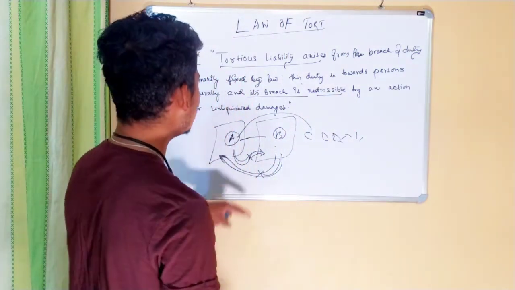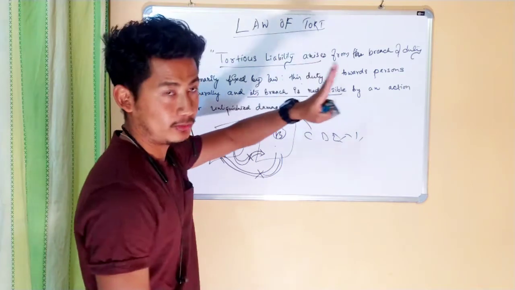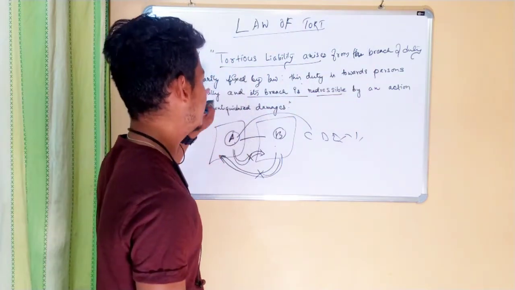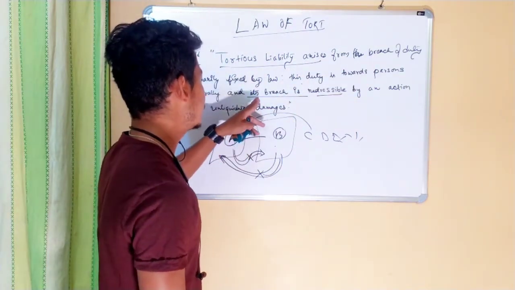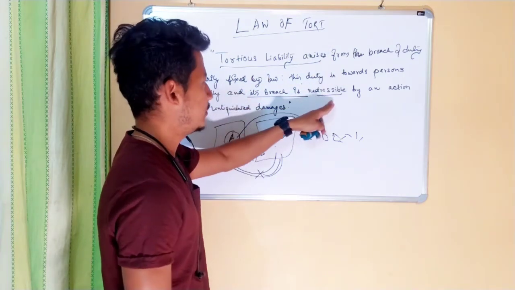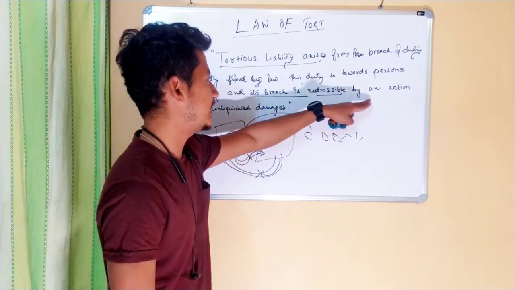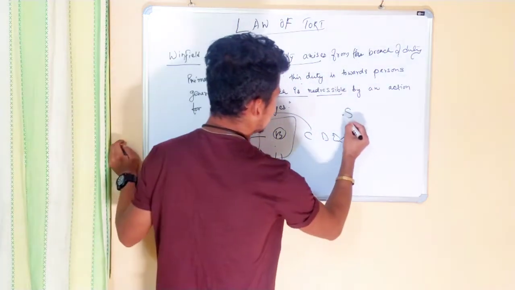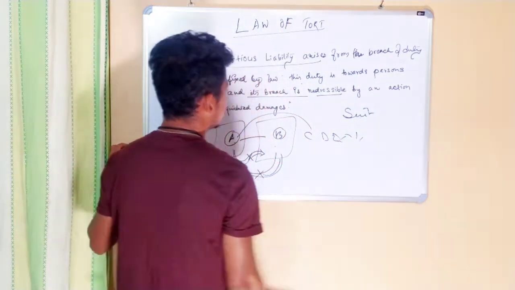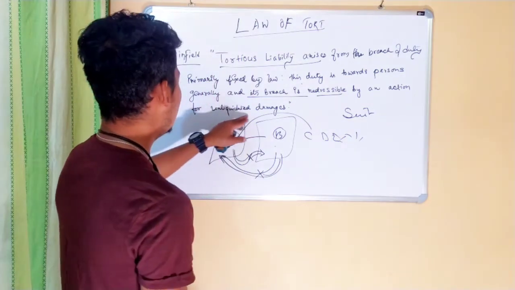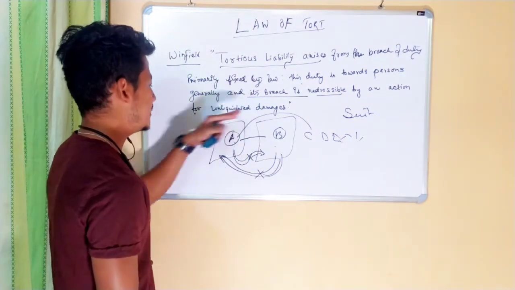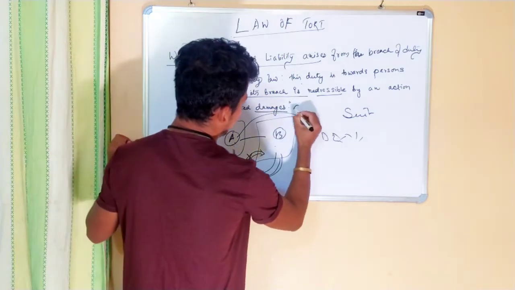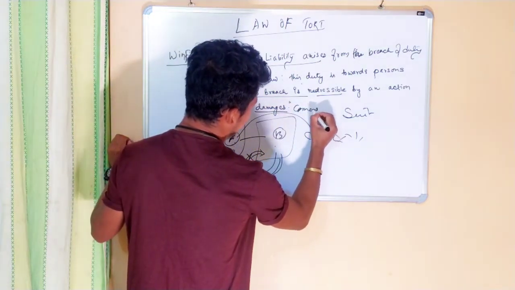Because of the breach the person has suffered loss, such breach can be made good by an action. Action here means a suit. Damages always means compensation.